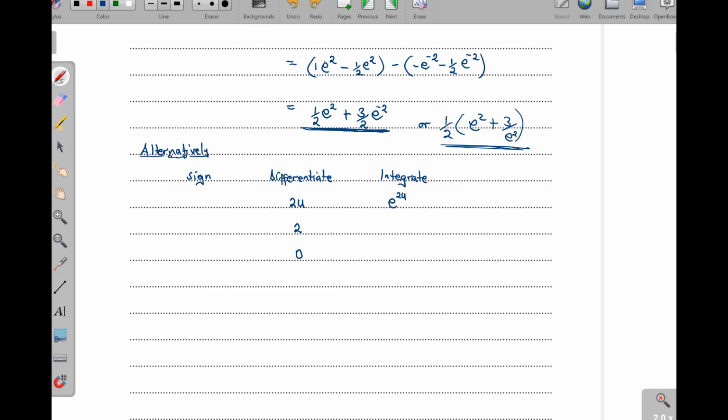Then integrate this one. It is e to the power of 2u over 2, so it's a half e to the power of 2u. Then again integrate this. It will now be a quarter e to the power of 2u, because the 2 from the differentiation, when you divide, you find that 2 there.